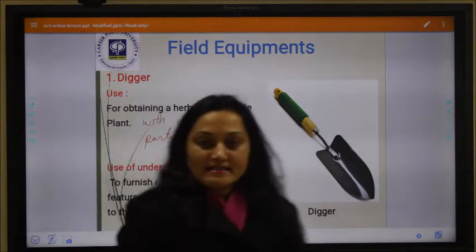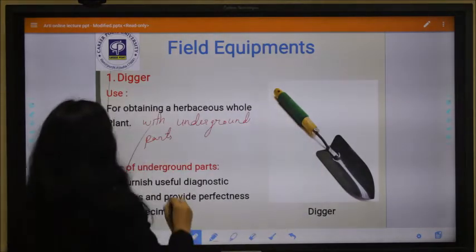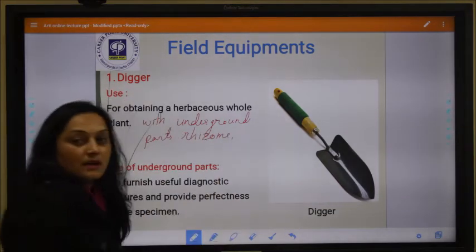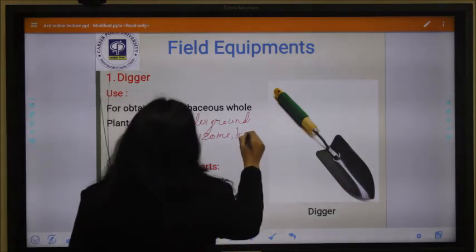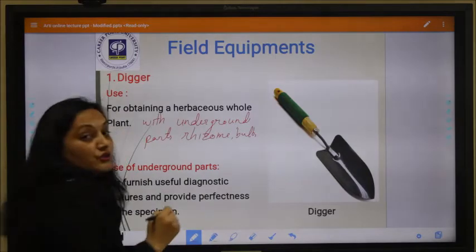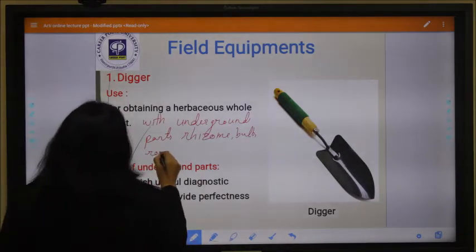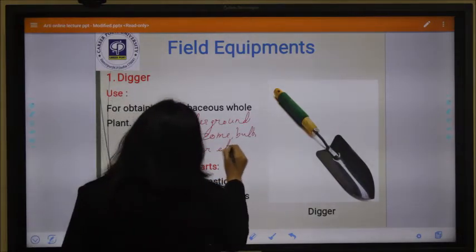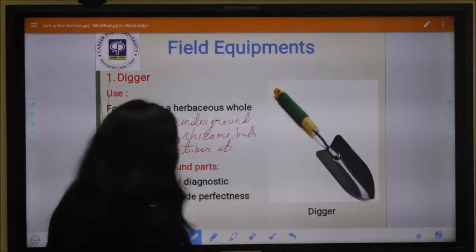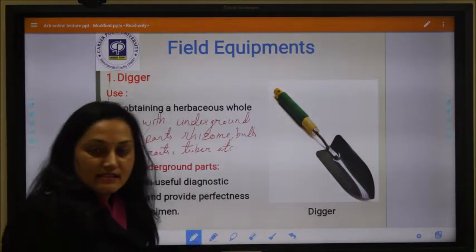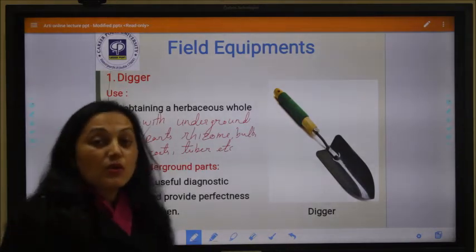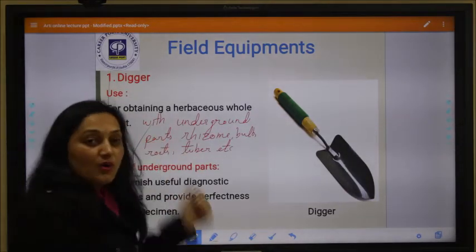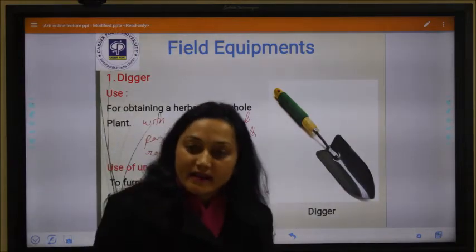Which type of underground parts? Underground parts such as rhizome, bulb, roots and tuber, etc. So the main use of digger is to obtain a herbaceous whole plant with underground parts.